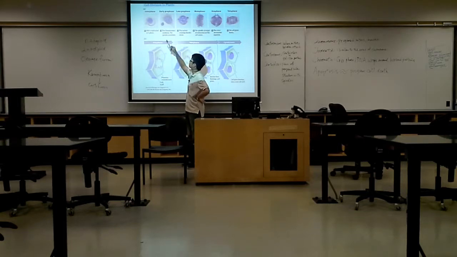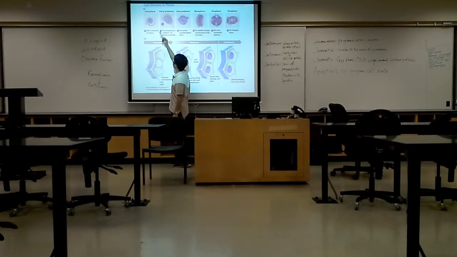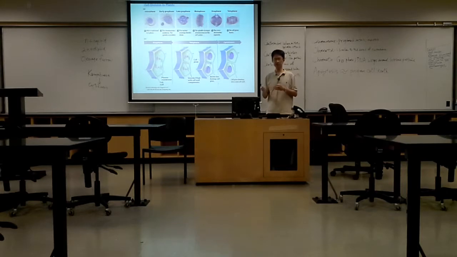In the prophase, because the chromatin starts to condense into chromosomes, instead of a black dot, you will see some white spaces in the nucleus. When you see the nucleus that has some white spaces, that is the prophase. The reason is that the chromatin condenses into chromosomes. That's why you have a lot of empty space.